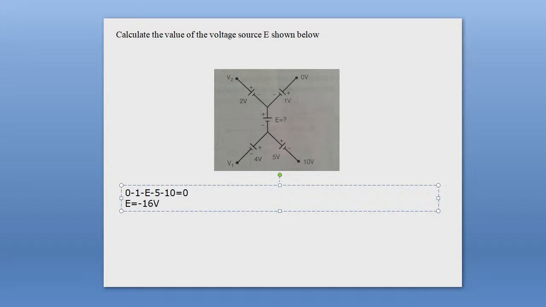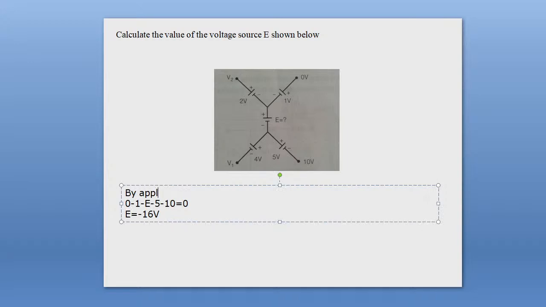You consider the right side path and use KVL, Kirchhoff's voltage law, then you can write the expression, E is nothing but minus 16 volt. Any doubt? Okay, I hope everyone understood the concept. Here we have used KVL.